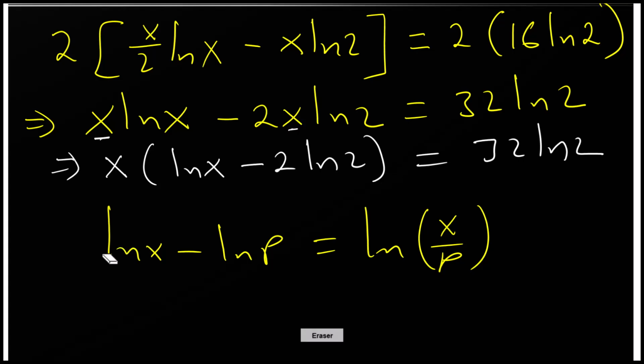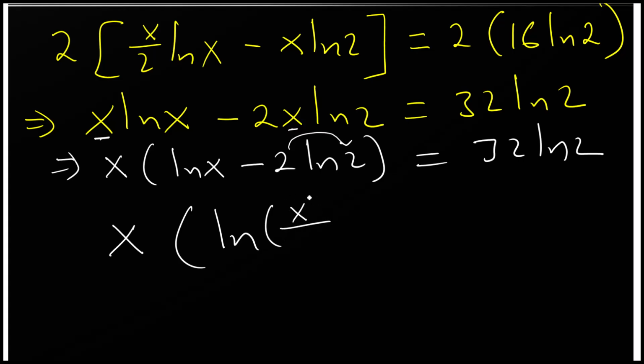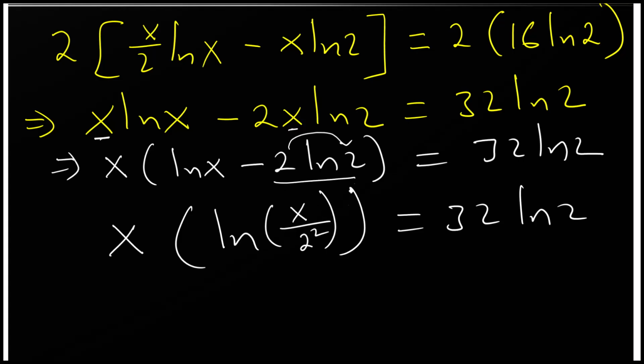So from here we have x ln of, and remember this one is a power rule. So that will be x on 2 to the power 2, that is equal to 32 ln of 2.